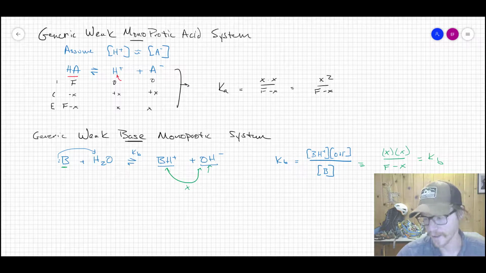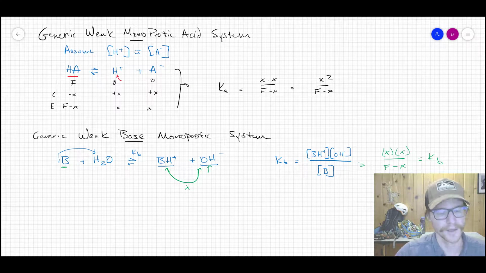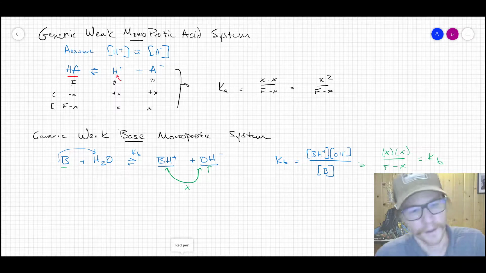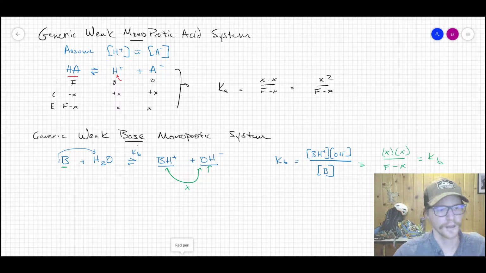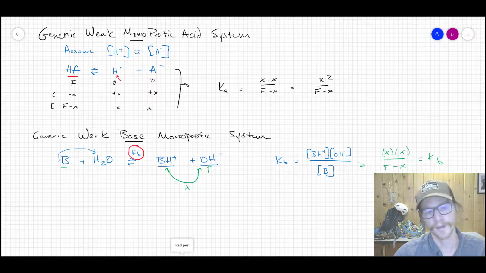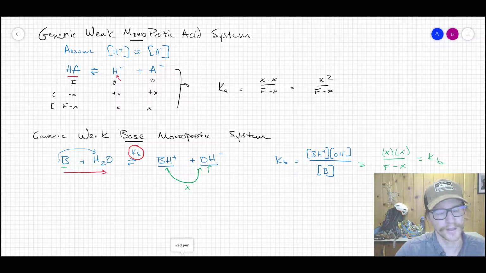Okay, so a couple of reminders here from Chem 108 days is that the equilibrium of this expression is dictated by Kb. So remember that this is for this forward-going direction for base plus water. That's Kb. If we flip this reaction around, that is not the same as Ka. Right?